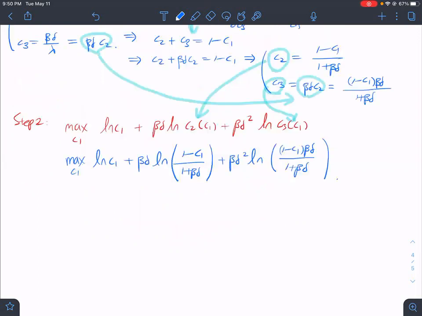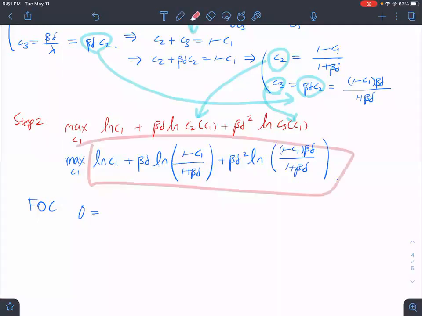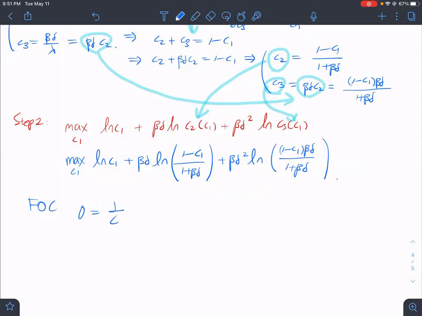Yeah. So the first order condition for this will be 0 equals, so we just differentiate this expression above. 1 over C1 plus beta delta, we use the chain rule here.